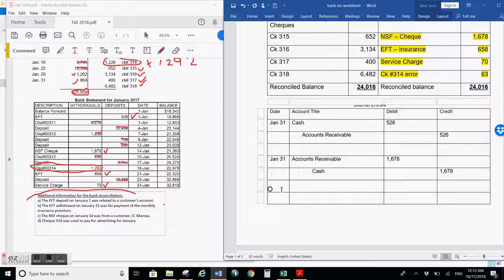Next one was our insurance payment. So we paid $658 for insurance for the month. That was for the month of January. So it's already January 31st, so we've used up that insurance. So I'm going to debit my insurance expense for $658, and again it's on the deduct side, so I'll credit cash.